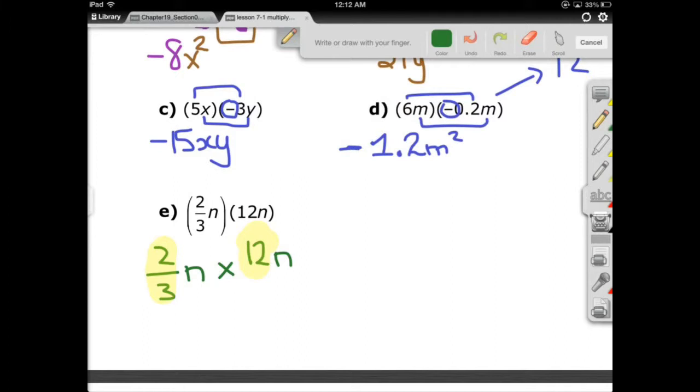Here's an interesting little canceling trick. If you take the greatest common factor of 3 and 12 and divide it out, if I divide by 3, then this becomes a 4, and I get 8. 4 times 2 is 8, and then I have to multiply those n's, right? So you get 8n squared. Not bad.